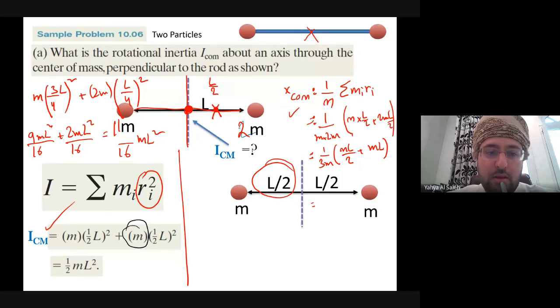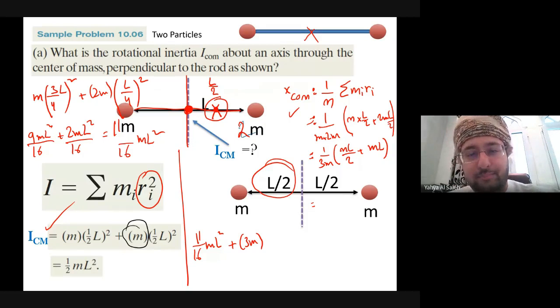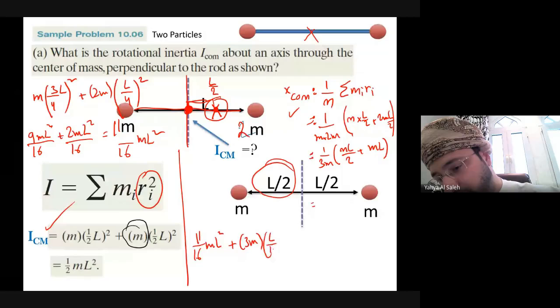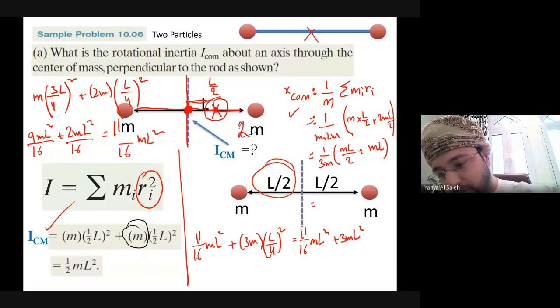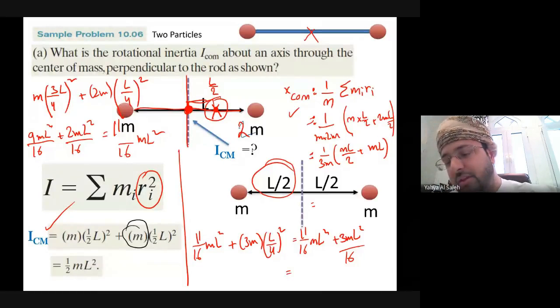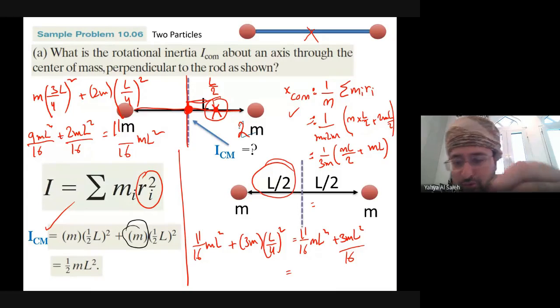Thank you. Okay. Now, amazingly, if I do 11 over 16 mL squared, which is around this point, plus M h squared, so 3m because 1 and 2m, and the h here between them is L over 4, I will end up with 11 over 16 mL squared plus 3mL squared over 16. 11 plus 3 is 14 over 16.